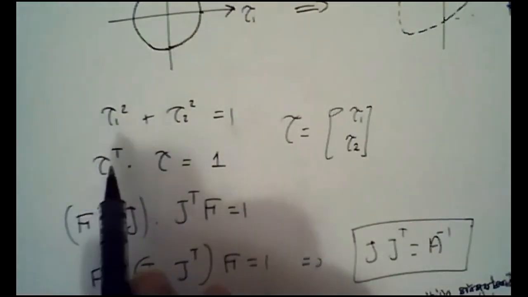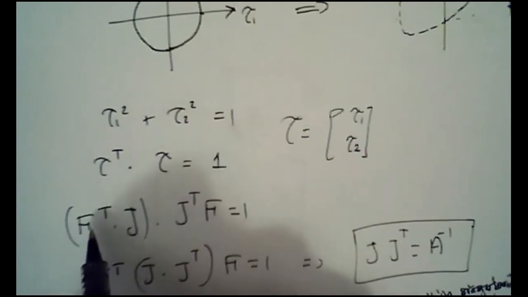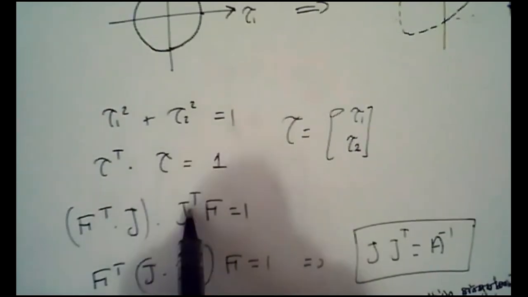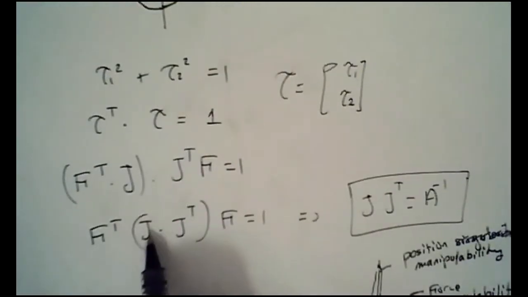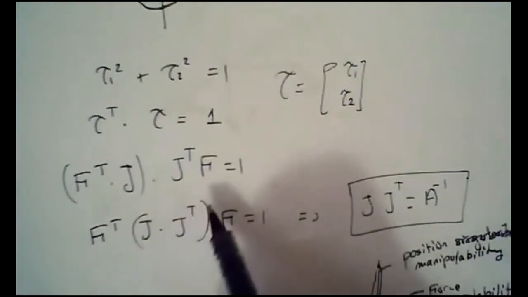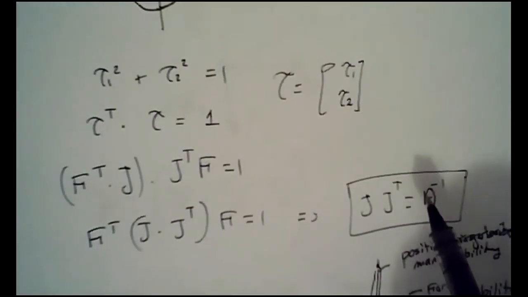And I know the torque transpose is related to the force by this relationship, so I can write that here: torque is equal to J transpose times F. Now I have F transpose J J transpose multiplied by F equal to 1. So I get another matrix here, which is actually the inverse of A. So J J transpose is the inverse of A, which we calculated for the position.